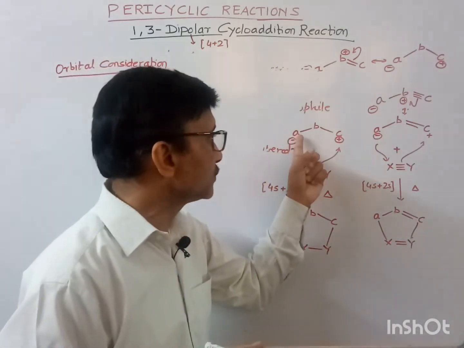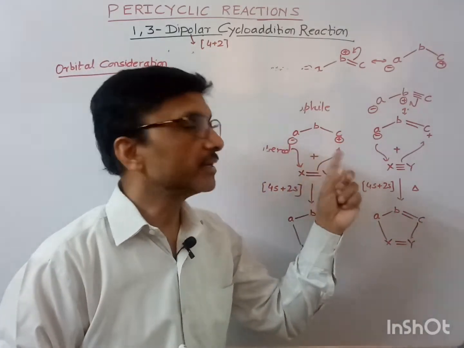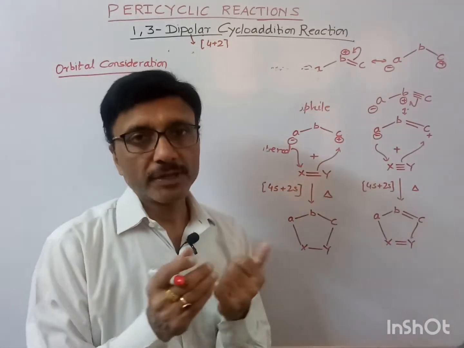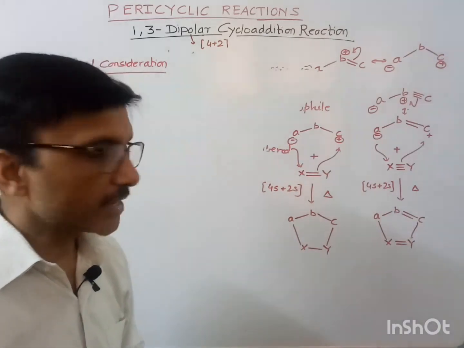Now if this is a 3-atom species, then it will contain 3 molecular orbitals that can be denoted as psi1, psi2 and psi3.